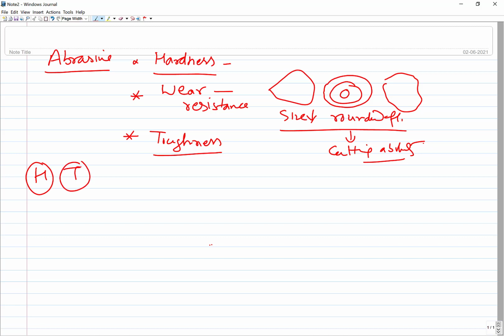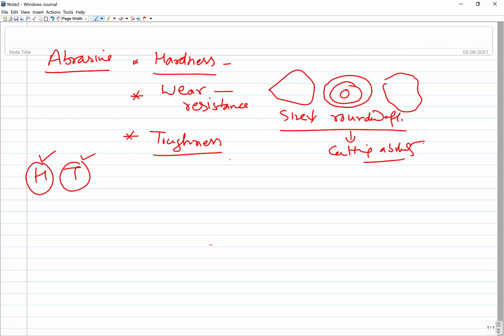But it is important for proper functionality, especially of the cutting tools, that not just high hardness but also enough toughness is there with the material which is to be used as a cutting material, whether it is a single point cutting tool or milling cutter or drill or anything that is being used for cutting purpose. Not just high hardness is important, but toughness is also needed. So the toughness indicates the resistance to impact.